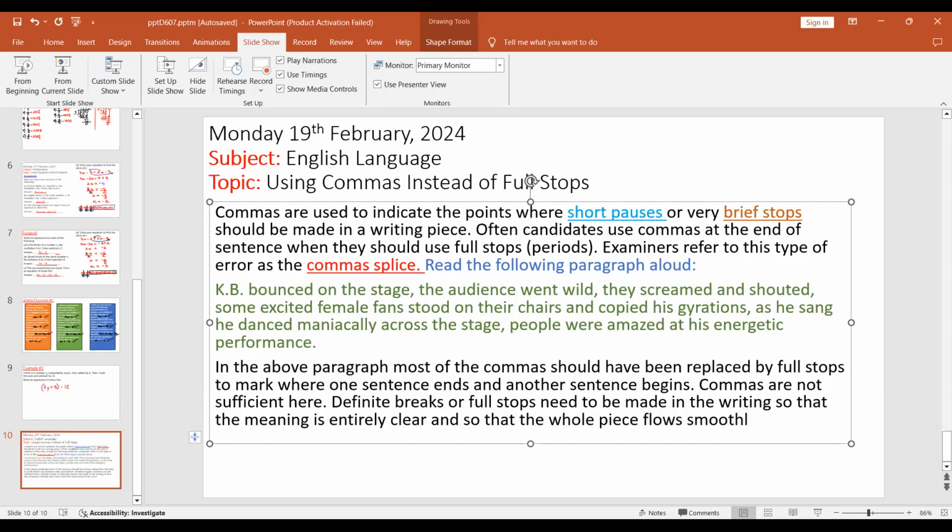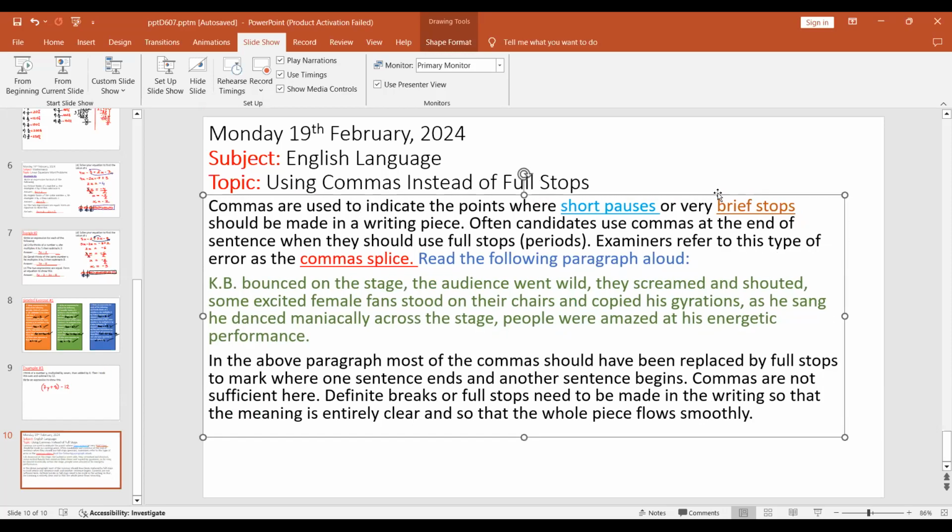So we need to make sure that we have periods where necessary and commas where necessary, and do not put a comma where a period should be. That's basically what we're trying to say in this particular lesson. Wherever the period should be, you put the period, and wherever the comma should be, you put the comma. Do not extend the sentence too long and put the commas in the wrong place. All right.